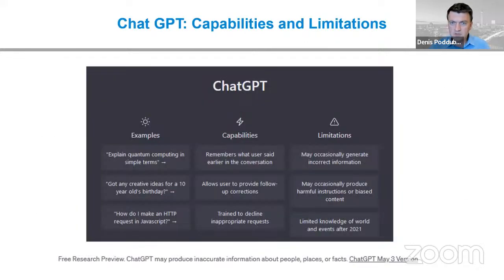And the developers of ChatGPT provide a very clear overview of capabilities, but also of limitations. And this is something we need to take into account, that occasionally also incorrect information can be generated. And as of today, as I mentioned already, there is a limited knowledge of data which came out after 2021.